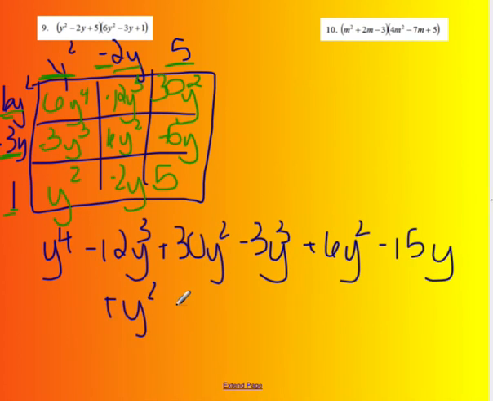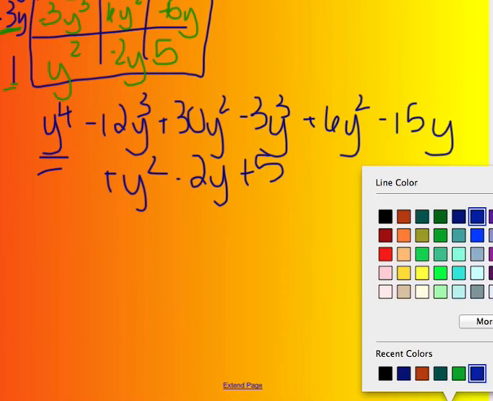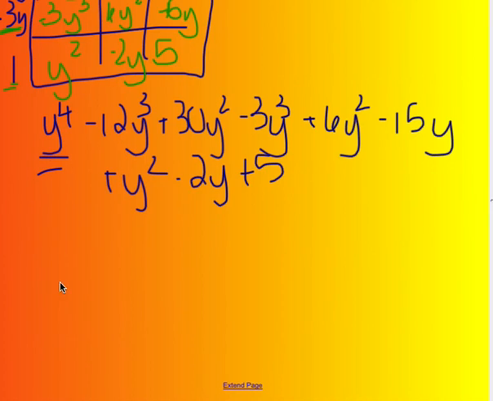So it's a lot of terms, but all we have to do now is combine the terms that are alike. So I see that my largest exponent is y to the fourth. So that's going to come first in standard form. So we have y to the fourth. Then I have negative 12 minus 3y cubed, and that's going to give me a negative 15y cubed.